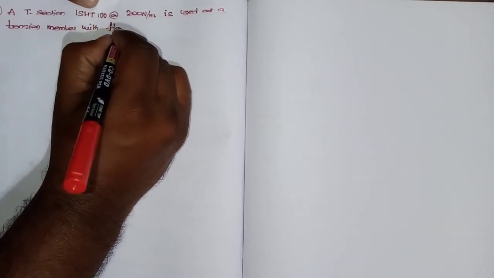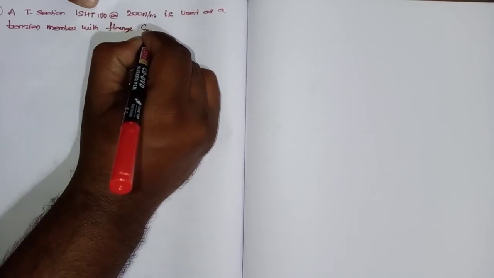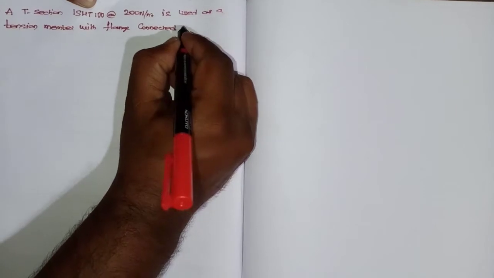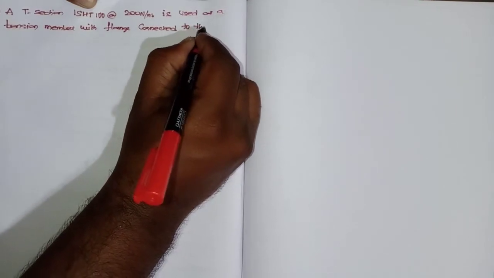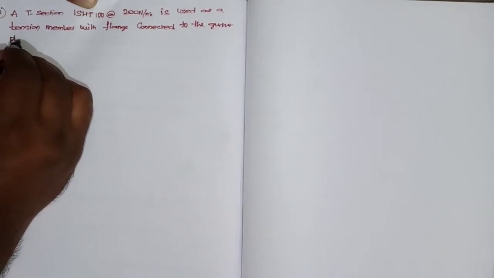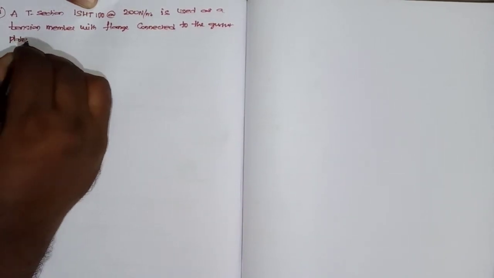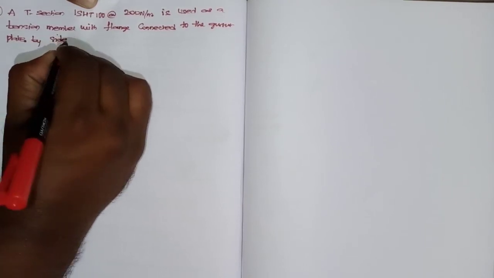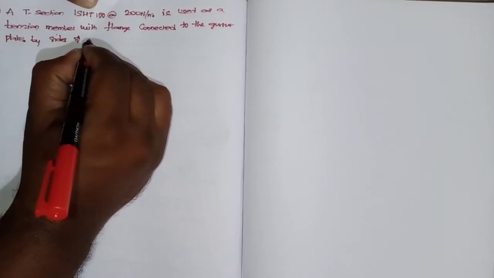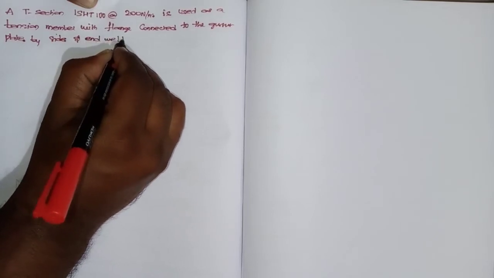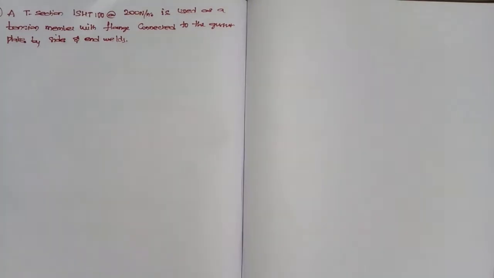flange connected to the gusset plate by side and end welds, okay.